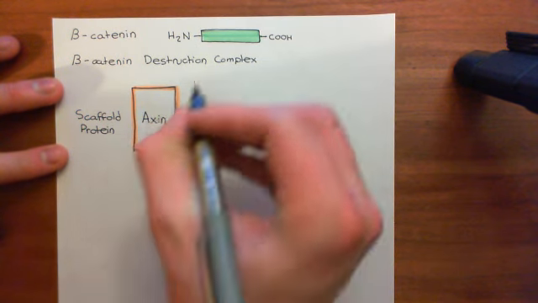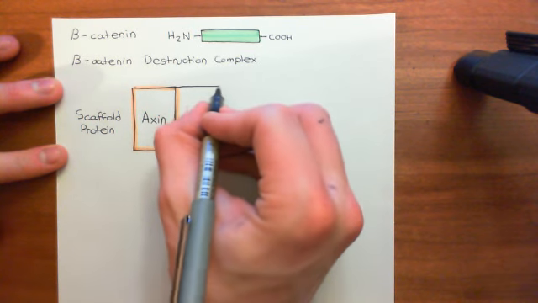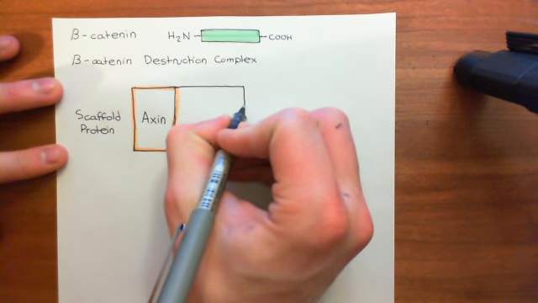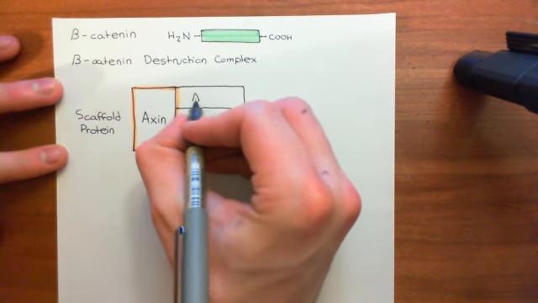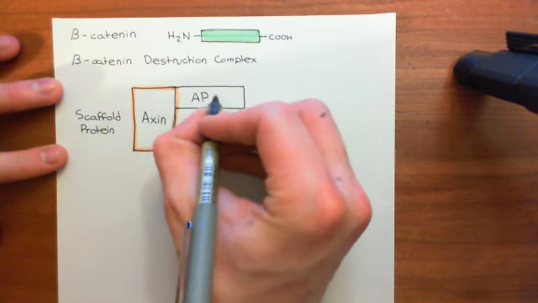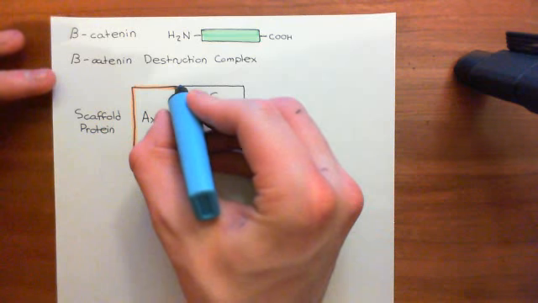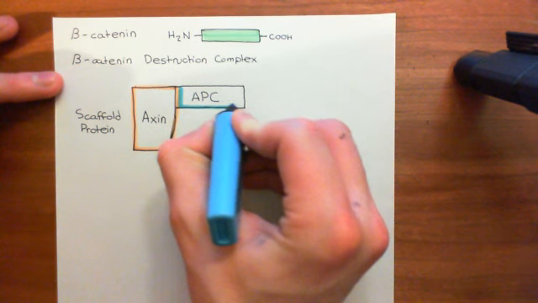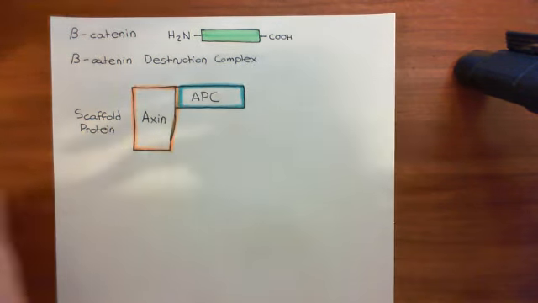Now, axin binds to another protein, which is also a scaffold protein. Here is the other scaffold protein that the axin itself is bound to, known as the APC scaffold protein. What does APC stand for?